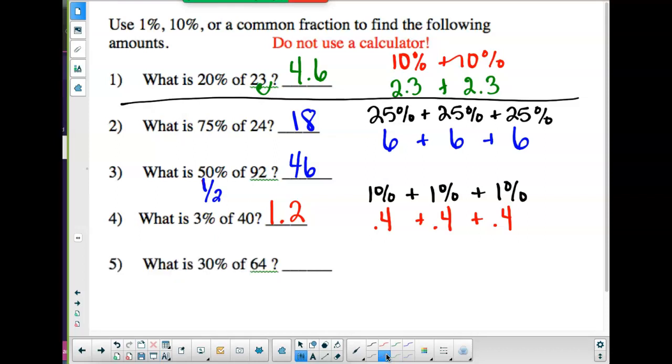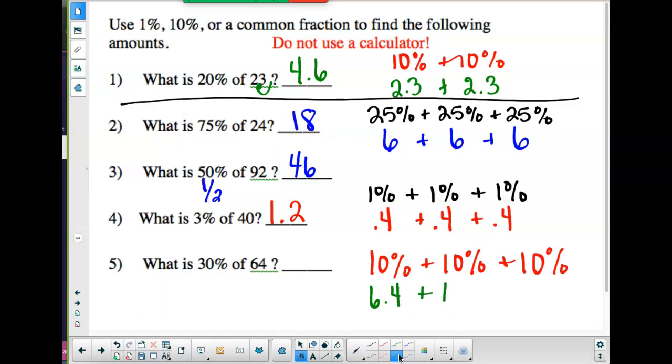Okay. 30% of 64. Okay, if I want 30%, I'm going to go back to my 10%. What's 10% of 64? Lily? 6.4.